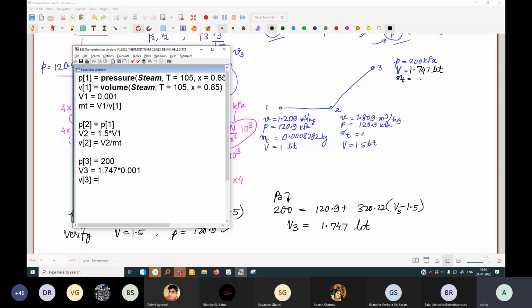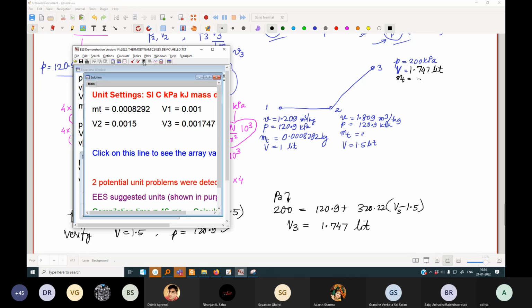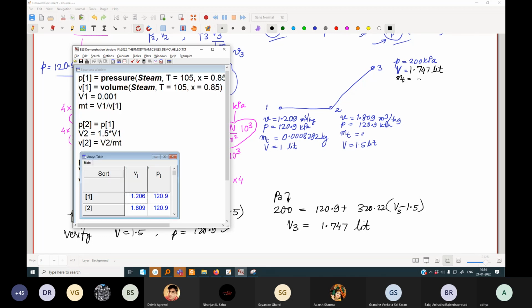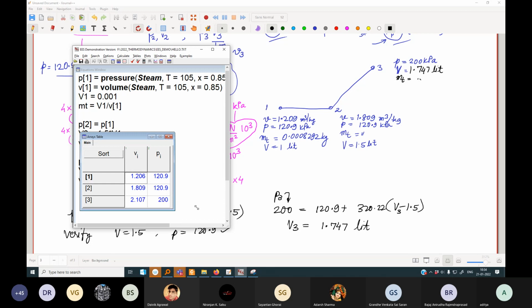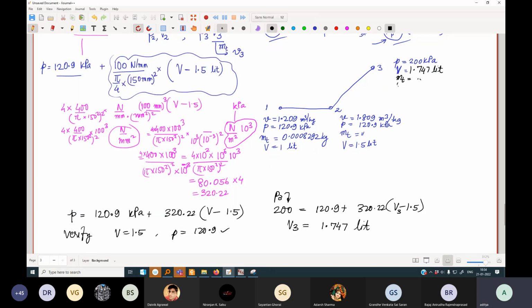So the specific volume at point 3 will be equal to the total volume, that is V3, divided by the total mass. Let's run this. The specific volume at point 3 is 2.107 meter cube per kg.